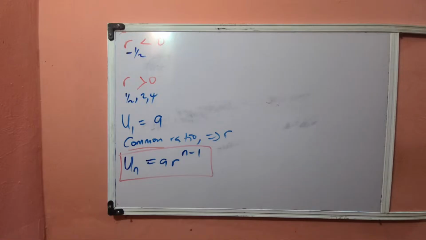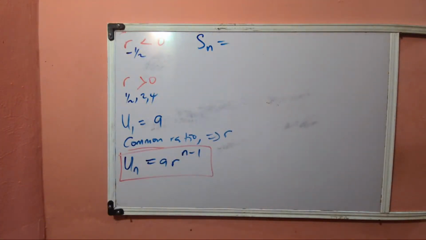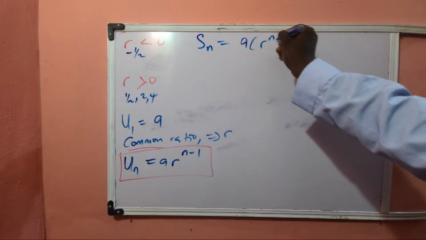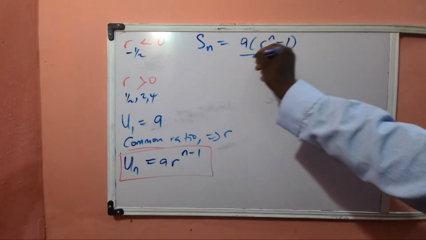Now, looking at this, we have different formulas, very similar, but different, that you use depending on whatever your ratio is. In the case where your ratio is greater than 0, the sum of terms, which is the sum of the very first n terms of a particular geometric progression, is given as a times r raised to the power n minus 1 over r minus 1.